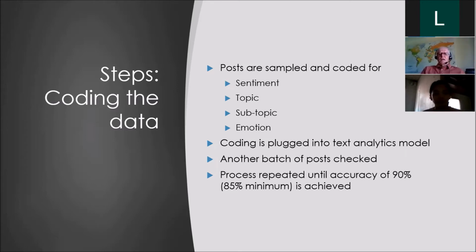When that coding has been carried out by us, we can plug that into the text analytics model that we have, and then we recheck it with another batch of posts and repeat that process until we hit a minimum of 85% accuracy and usually 90% accuracy.